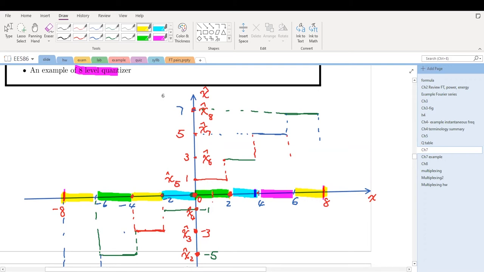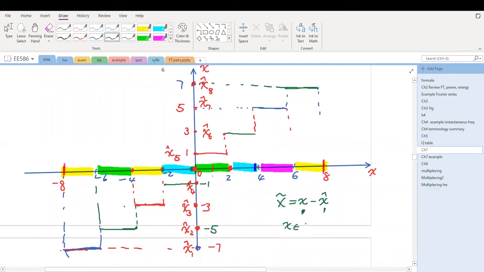So therefore, the error, we call it error x tilde, equals x minus x hat. x is the value of the signal, x hat is the level assigned. In this case, x is in between 0 to 2, and x hat equals 1.